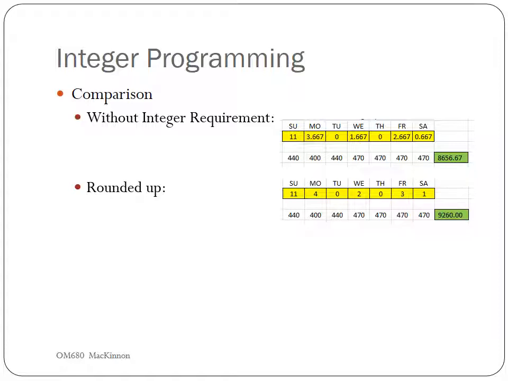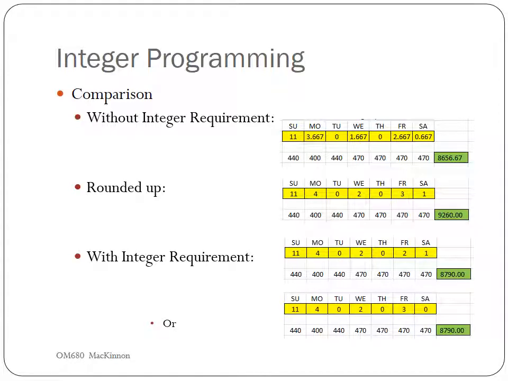Now, what if we rerun the program and require the solution to be an integer? We get, actually, two different optimal solutions. They both produce 8790 as the objective. Now notice that it is still higher than without the integer requirement. That makes sense, right? Because whenever you add a constraint, your objective will get worse.